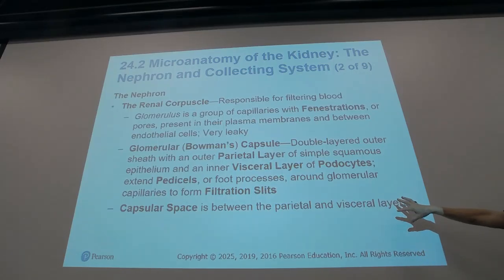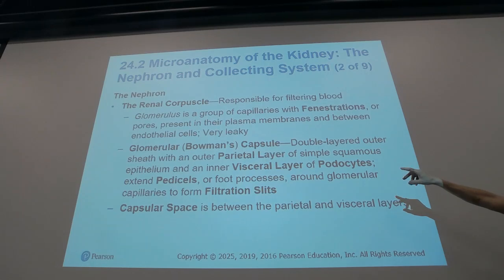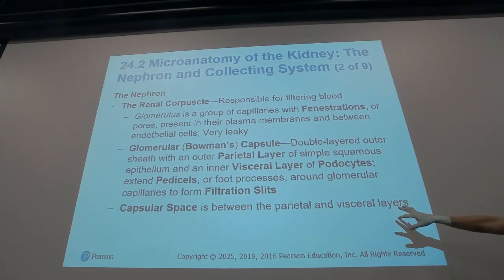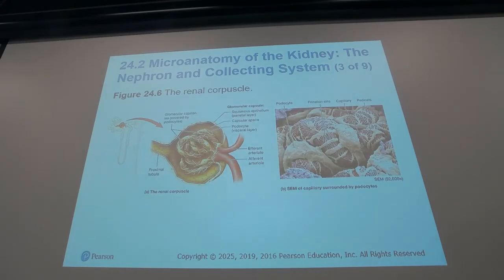And then we have a space between the parietal and the visceral layers of this capsule, which is called glomerular capsule or Bowman's capsule, that is called the capsular space into which the filtrate is captured so that it can now be transferred into the tubules, forming the tubular fluid.